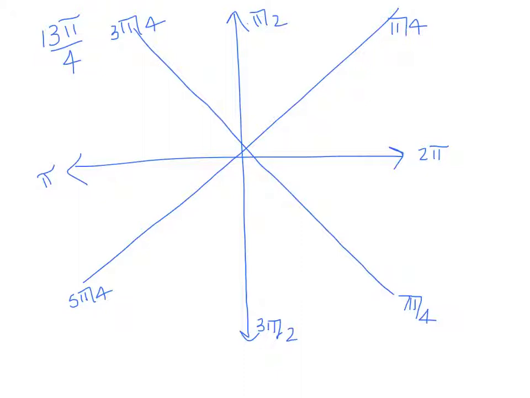And like I said before, if you want, you could just keep counting. Because remember we stopped at 8 pi over 4. So I'll do this.